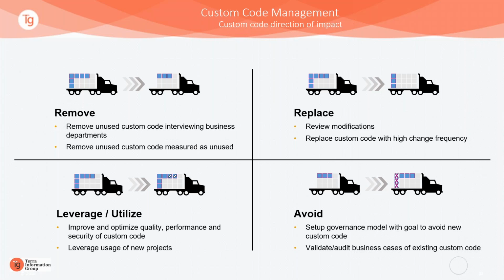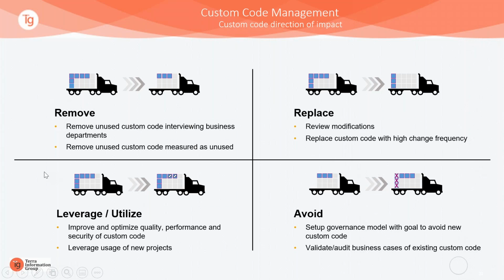Based on that, it will give you a complete analysis of whether, for this custom code, there is an option already existing as part of newer SAP features, so you can remove that custom code, or whether a broader set of functionality is present in some other custom code that's already running, so you can replace them.